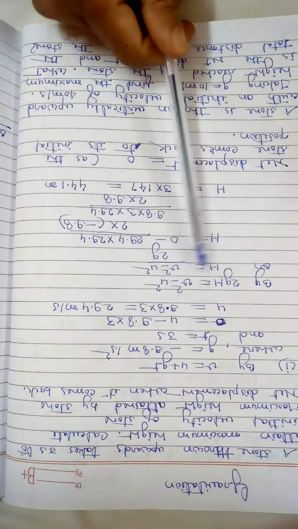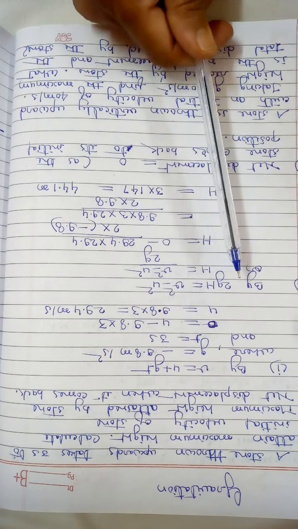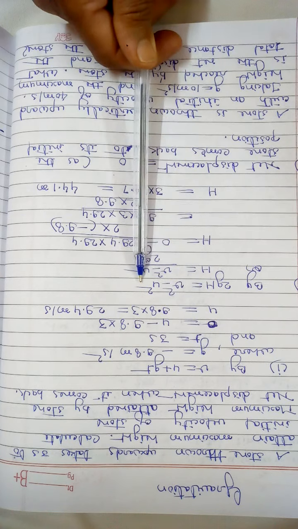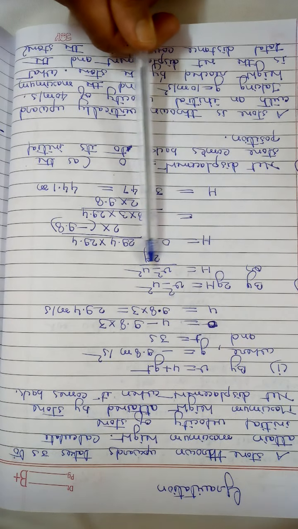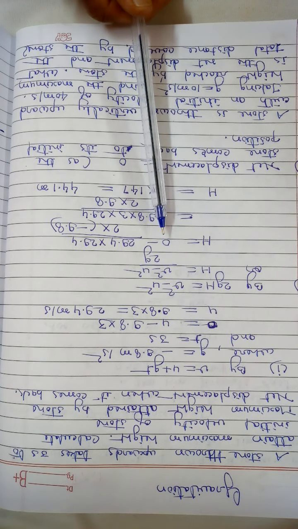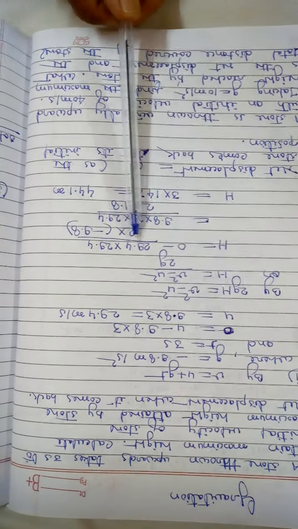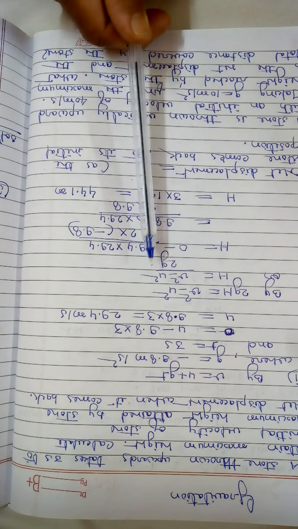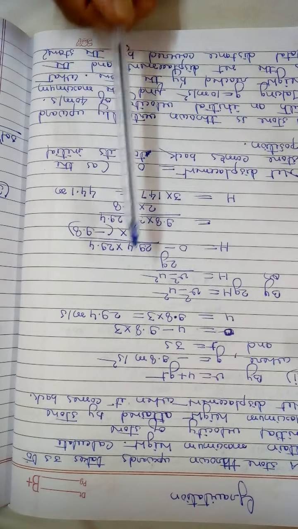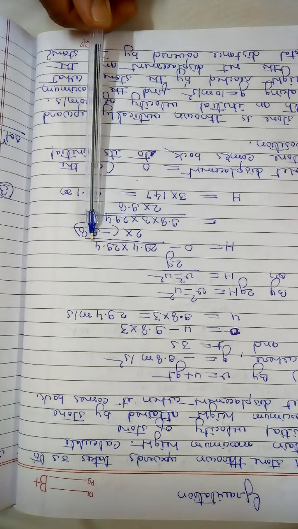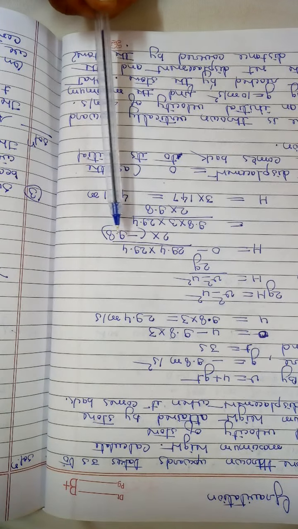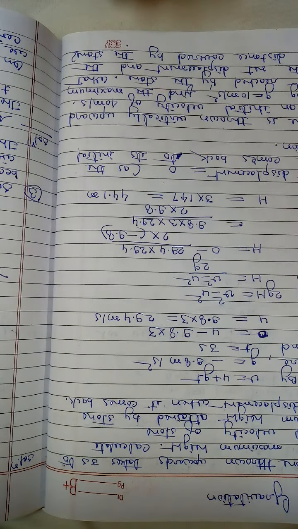Now for the second part, by using 2GH equals V square minus U square, we get H equals V square minus U square upon 2G. H equals 0 minus, in place of U square we substitute the value of U which we got here, 29.4 into 29.4 upon 2 into minus 9.8, as the stone is moving in the upward direction.